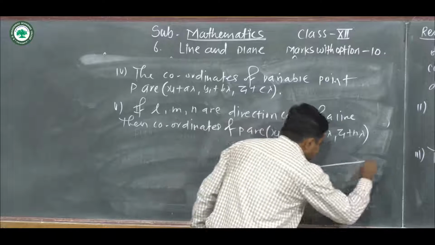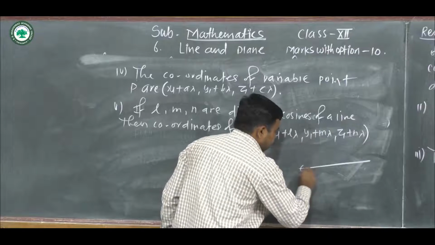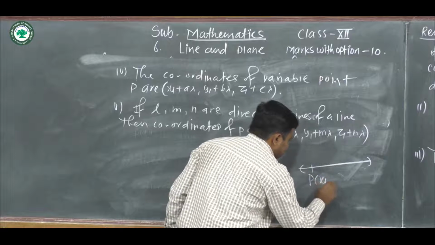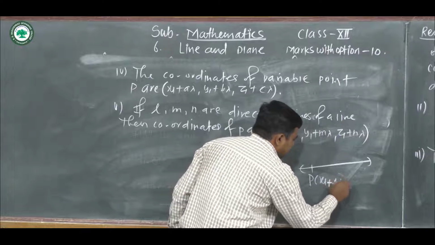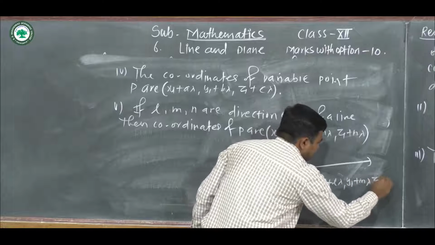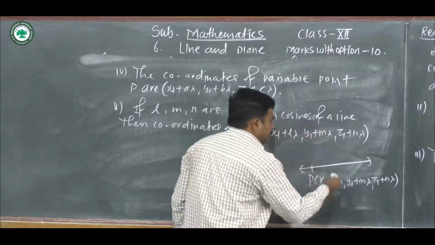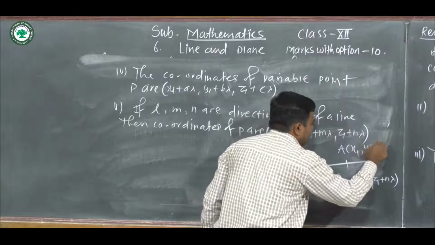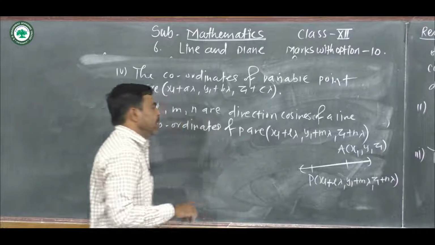See, this is the line which is in the space. The point P is here, whose coordinates are x1 plus l lambda, y1 plus m lambda, and z1 plus n lambda. And point A is here, whose coordinates are x1, y1, z1.